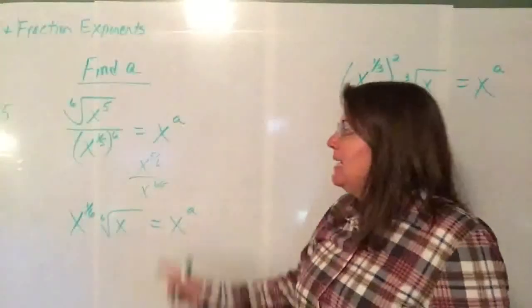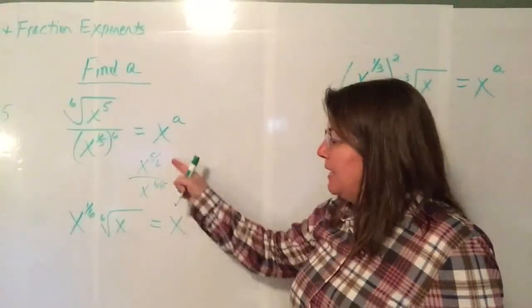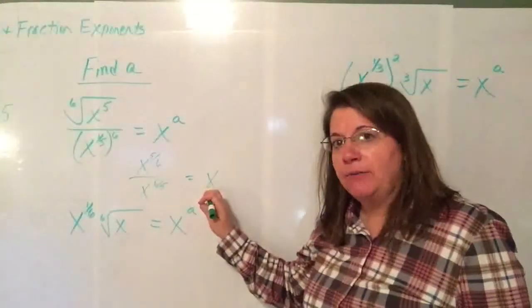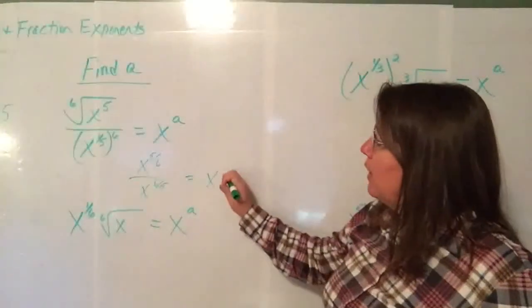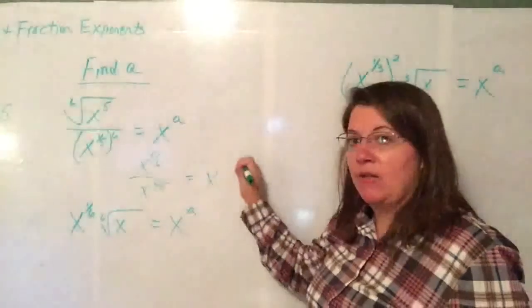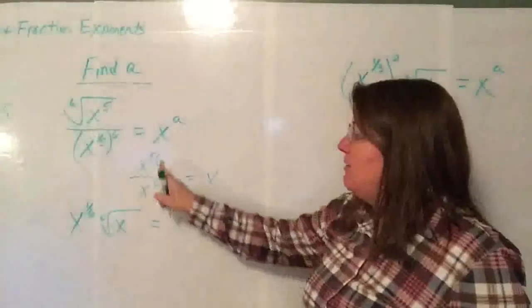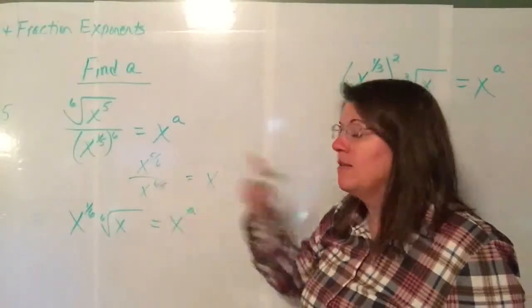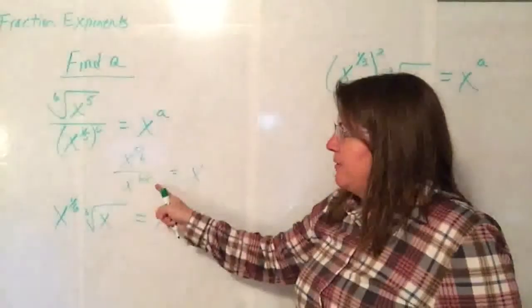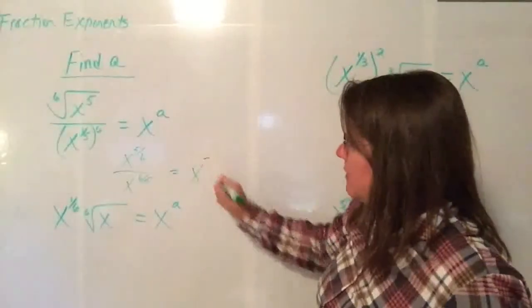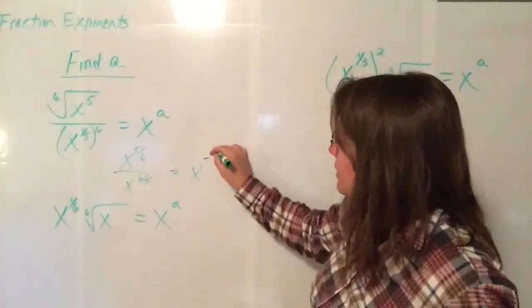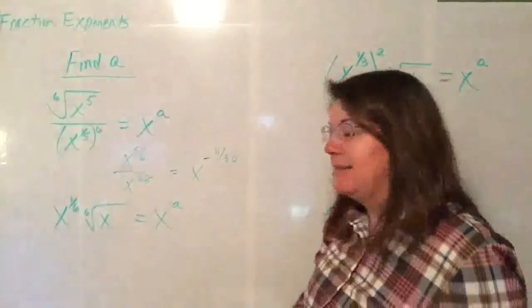And then to get x by itself and figure out what the exponent a is, I would take 5/6 minus 6/5, which is negative 11/30. I did that on my calculator.